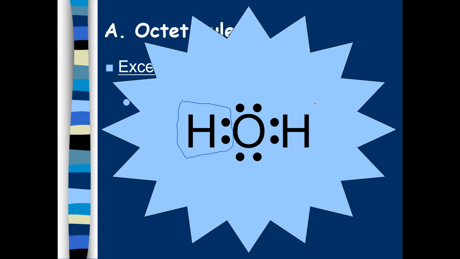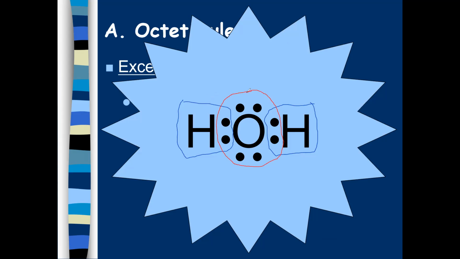You see that? In both cases. It doesn't need more. Whereas oxygen, let's use a different color for oxygen. Let's do red for oxygen. Okay, see this? Oxygen has a full octet. And that's what we're looking for.